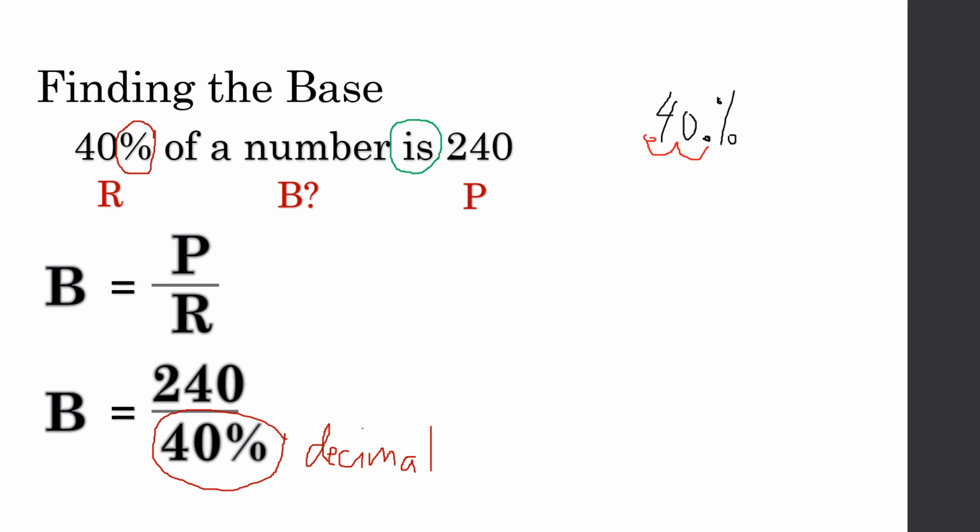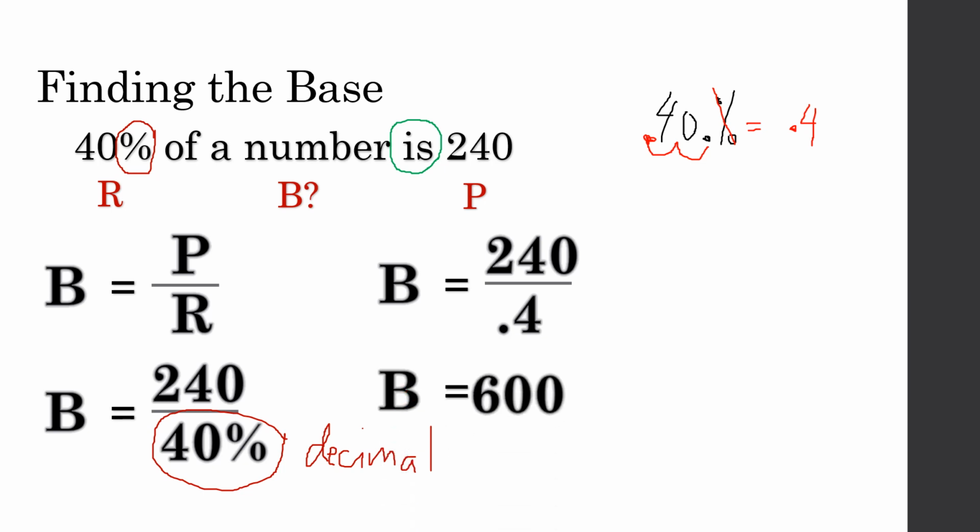Therefore, nandito na yung tuldok niya. Tapos, remove the percent symbol. 40% is equals to 0.4 or 4/10. Ito na siya ngayon. B is equals to 240 divided by 4/10. If you divide 240 by 4/10, base will be 600. And that is our final answer.